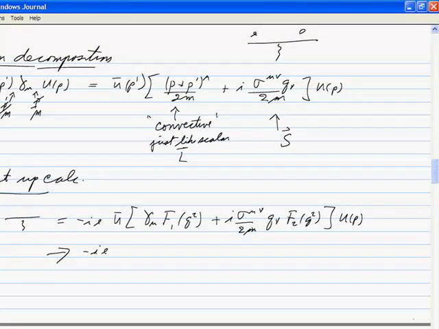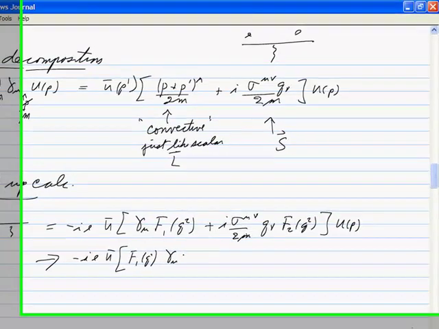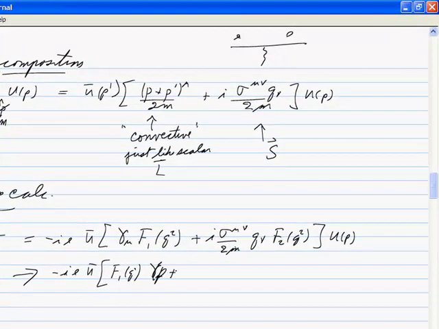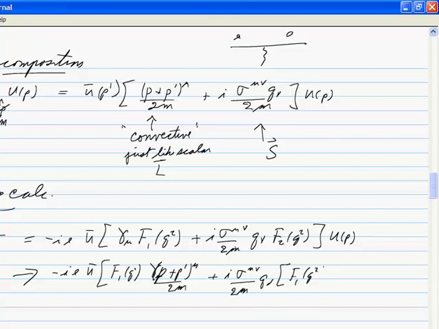I now apply the Gordon decomposition. This turns into minus i e u bar F1 of q squared, no, sorry, this is now p plus p prime over 2m. And I get plus i sigma mu nu over 2m q nu times F1 of q squared plus F2 of q squared.